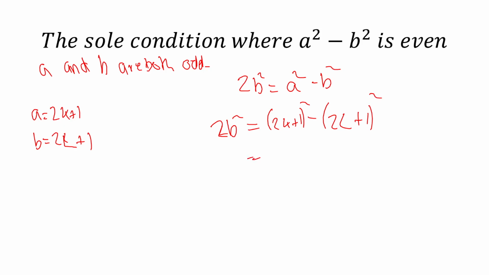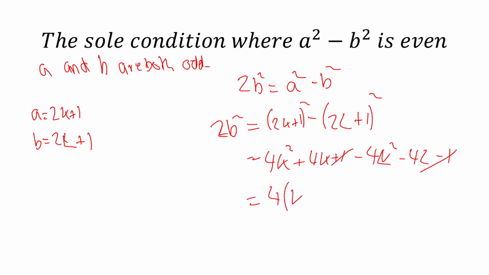And we expand. So we get 4k squared plus 4k plus 1 minus 4l squared minus 4l minus 1. And the 1's cancel, and what we're left with is 4 as the common factor of everything: k squared minus l squared plus k minus l. The l's are negative, and the k's are positive.